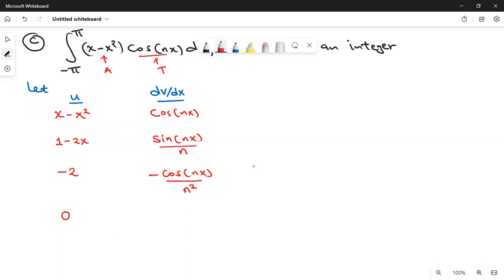Integrate negative cosine nx over n squared. Ask yourself, what did you differentiate to get negative cosine? When you differentiate sine, you get cosine. So when you differentiate negative sine, that will give you negative cosine. So here we expect the answer to be negative sine of nx over n cubed. So we now have the table.